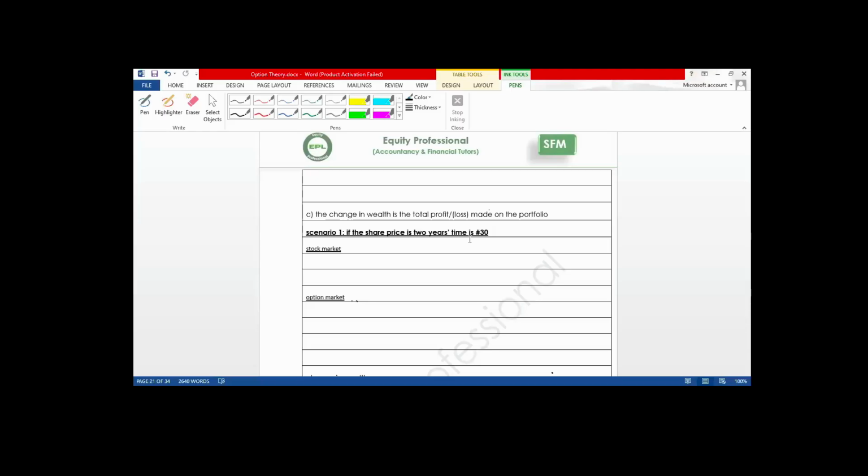Now, let us try to reason this out. Assuming today the share price is 60 naira. If in 2 years' time the share price becomes 30 naira, what has happened to your investment at the stock market?